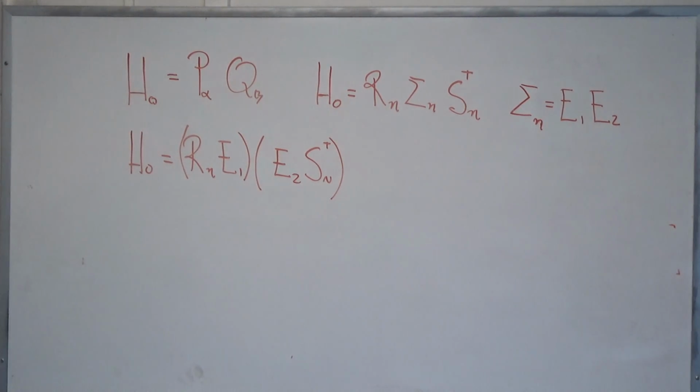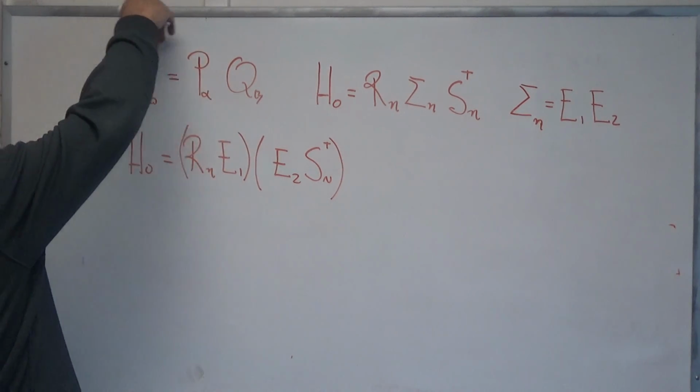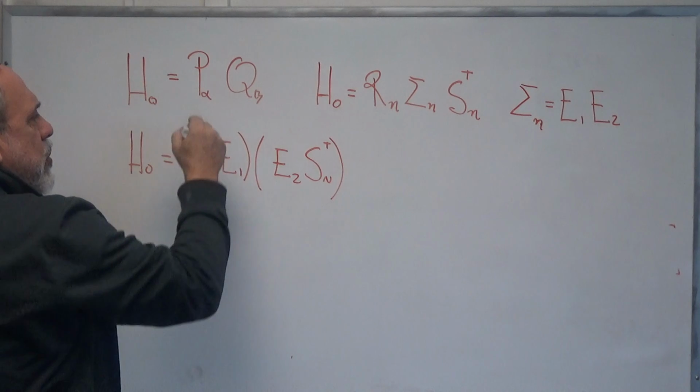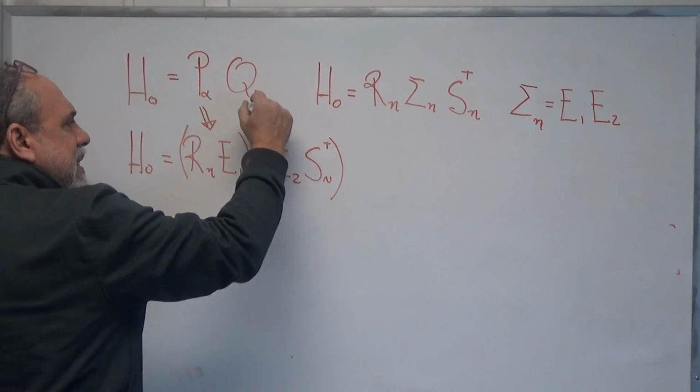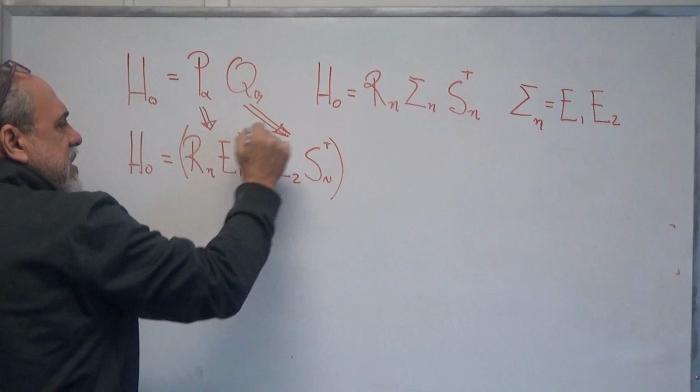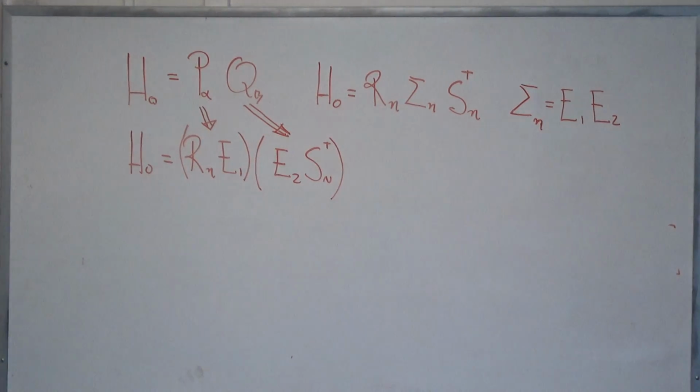Rn E1 and E2. Now, if we look at the fact that the Hankel matrix 0 is P alpha times Q beta, we conclude that we can select these matrices, which we know what they are, to be the observability block and the controllability block.